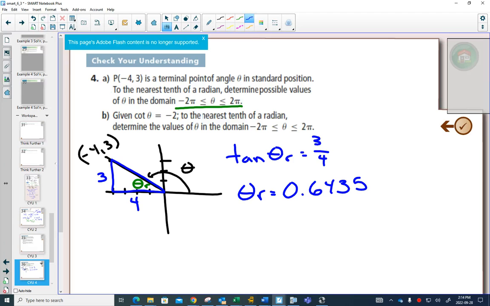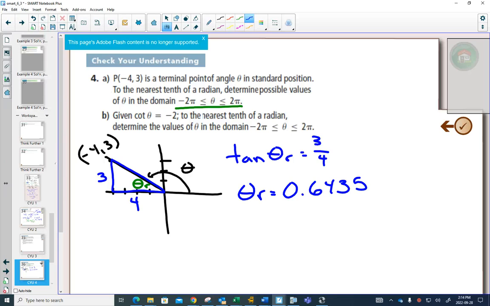And so this is a weird answer because we're just not used to radians. Remember, 1 radian was about 57 degrees? So 0.6 of a radian, around like 37, 38 degrees. Now, if we were doing degrees and this was 37 degrees, how would you find the black angle?